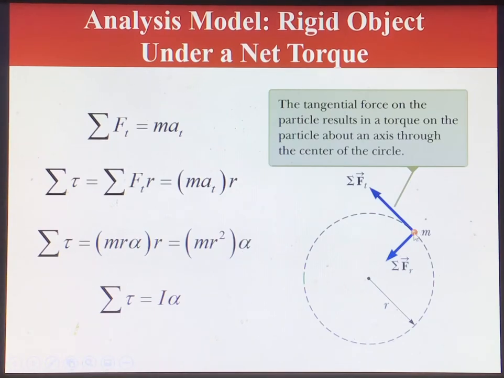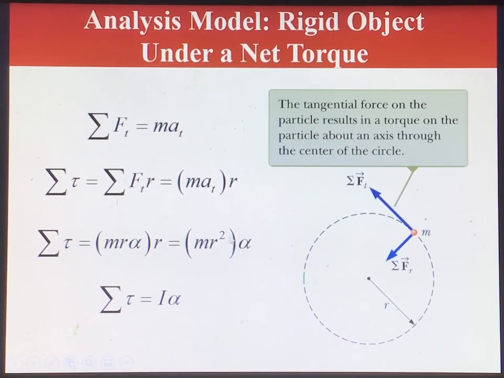There is an acceleration pointing towards the center, called the radial acceleration, and an acceleration pointing in this direction, called the tangential acceleration. So I can write down Newton's laws for the radial as well as the tangential acceleration.